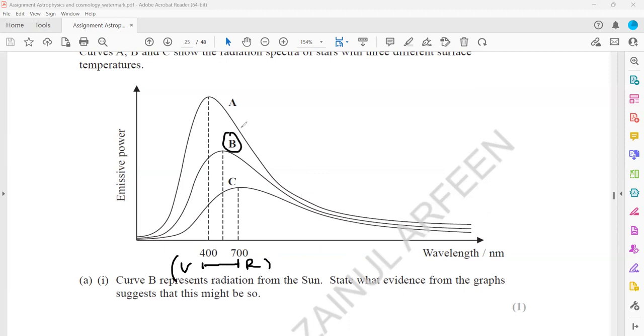The Sun is also emitting ultraviolet, but we are able to see the Sun, so it is giving light in the visible range. That's why it is evidence that B represents the graph of the Sun. What if the peak wavelength was above 700 or below 400? Then we wouldn't be able to see it, or only a very small amount would be in the visible range.